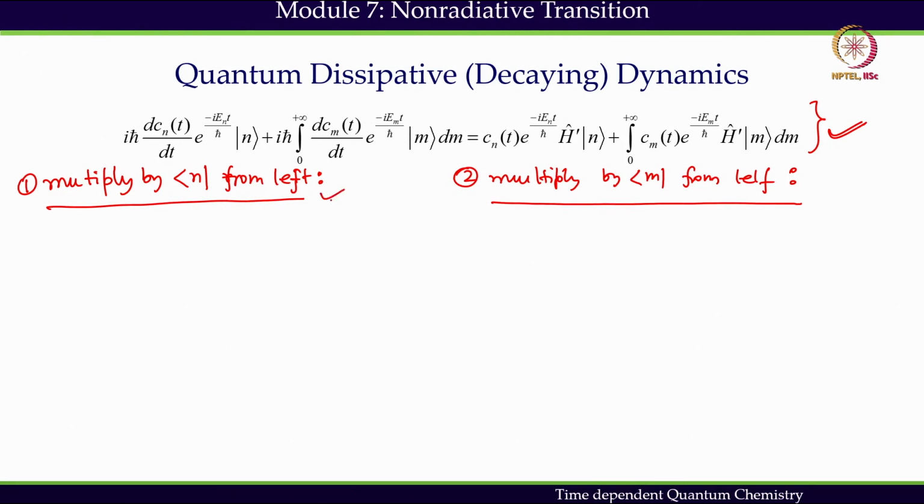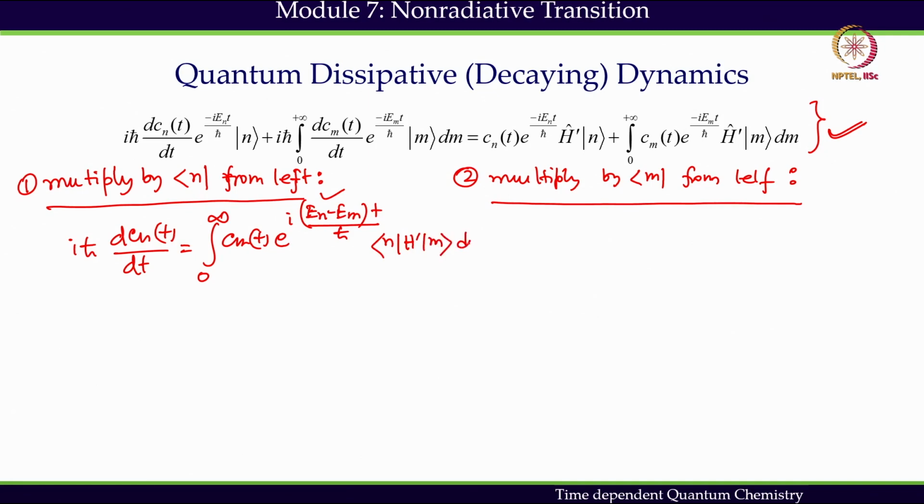I h cut dCn/dt equals the integral from 0 to infinity of Cm(t) e to the power i (En minus Em) t by h cut, H dash nm dm. So this is one equation we get.